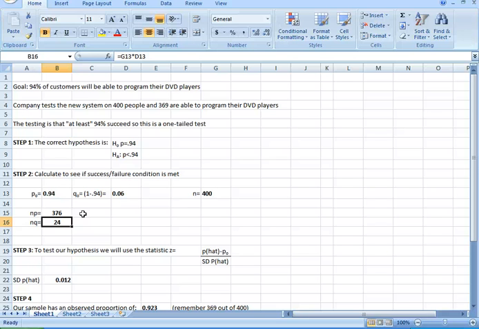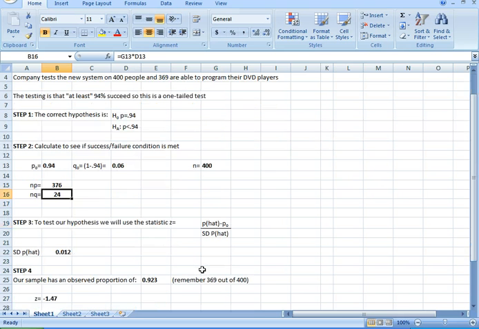So we need to test our hypothesis, and we're going to use the statistic, and z is going to equal p hat minus p0 divided by our standard deviation of p hat. So our next step, we're going to calculate the standard deviation of p hat.